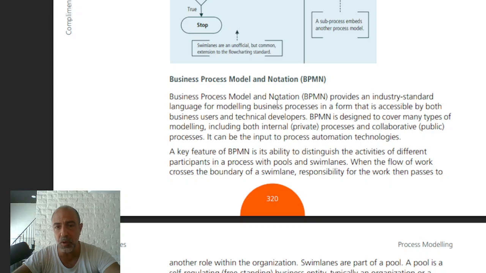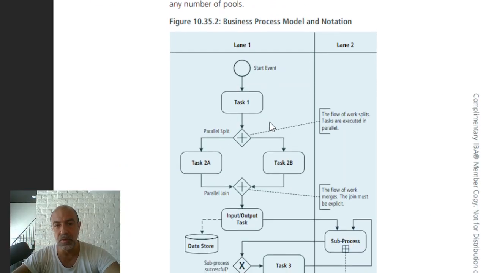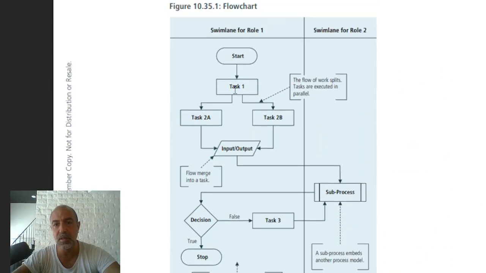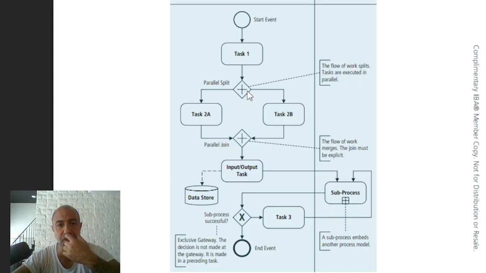Simple. Business process model and notation, BPMN, is basically an industry standard language. Notice it's the same, task, but here it just splits from one task to another. Here they're isolating the split, right? The flow of work splits and tasks are executed in parallel. So here there's an event that happens.